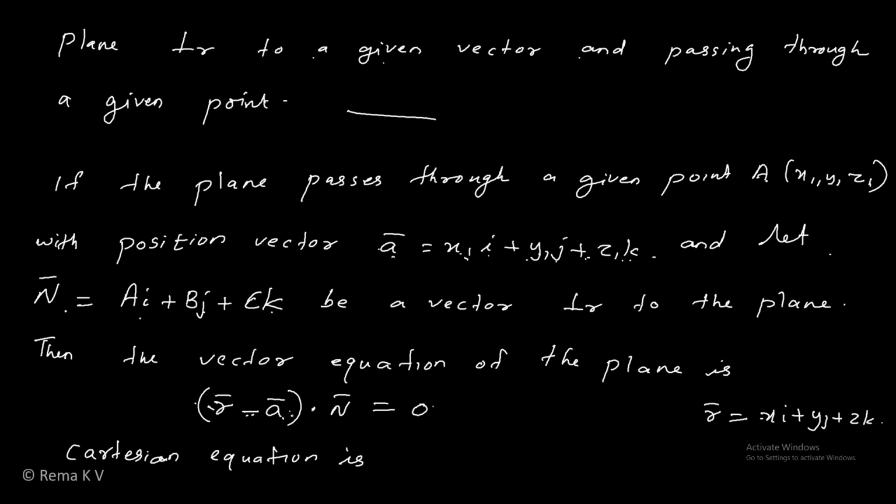When we take the dot product of this, we will get a into (x minus x1) plus b into (y minus y1) plus c into (z minus z1) equal to 0. So this is the Cartesian equation.